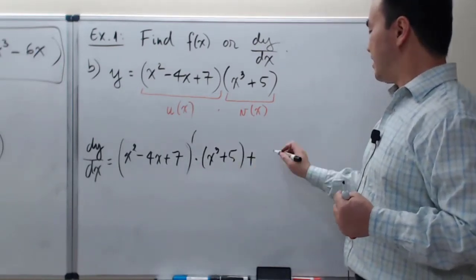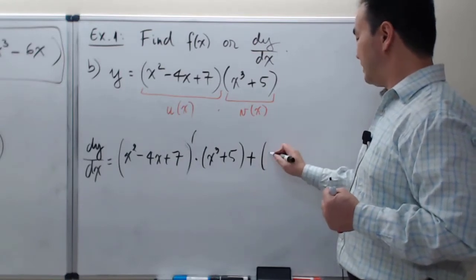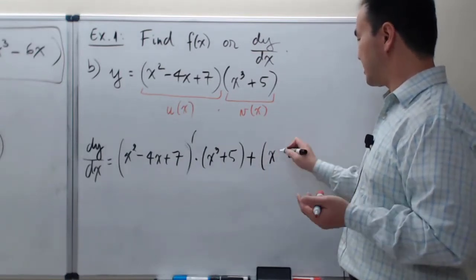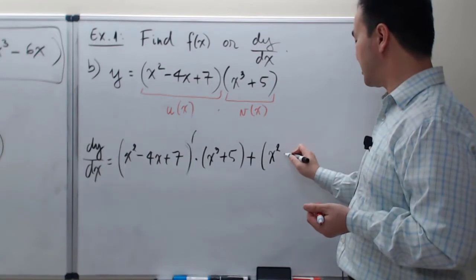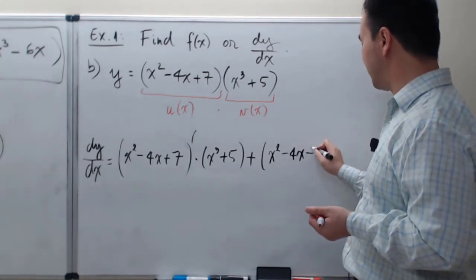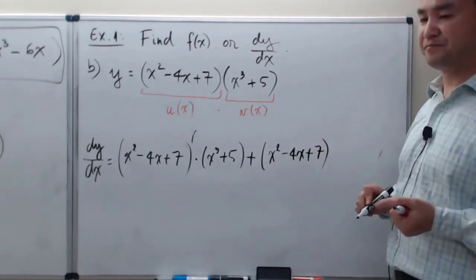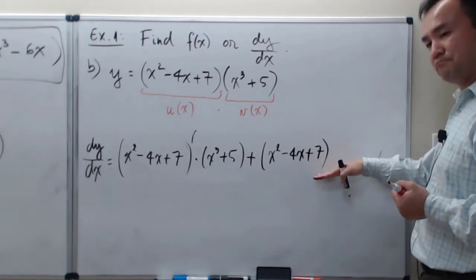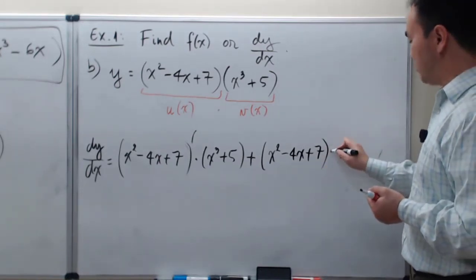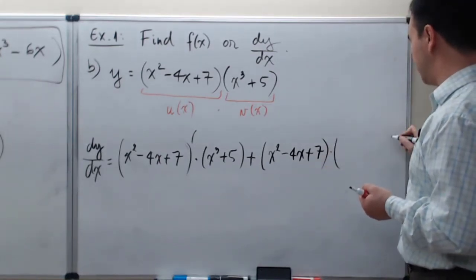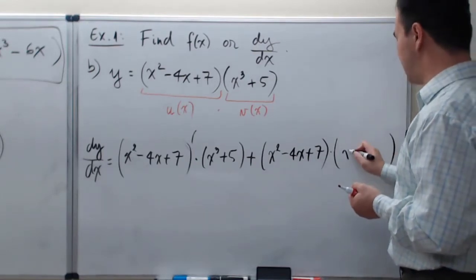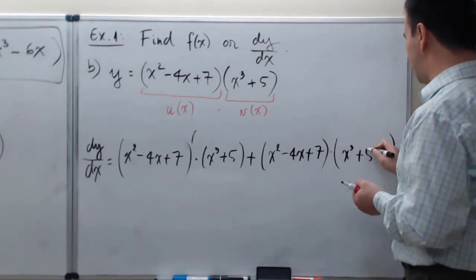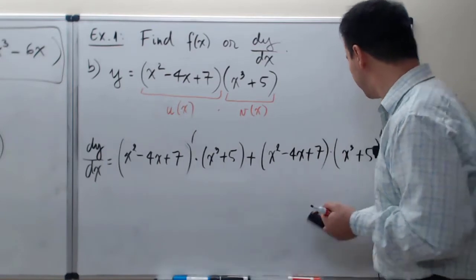Plus, now I am going to leave u the same way it was. So u is x squared minus 4x plus 7. That's u from the product rule. And now we multiply with v prime. So this is how we're looking at v prime right here. x cubed plus 5, take the derivative.